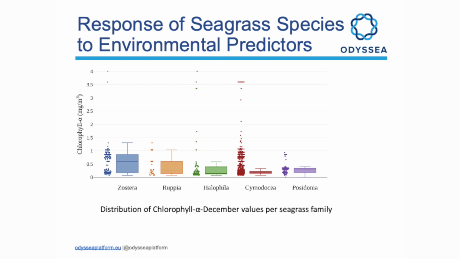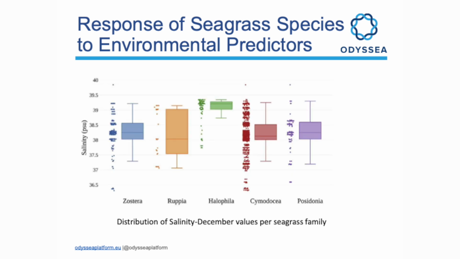The same applies here for salinity. We have narrow banded species like Halophila that don't like salinity to be changed in time and place very much. And we have euryhaline species that prefer to have, for example, Ruppia over here.